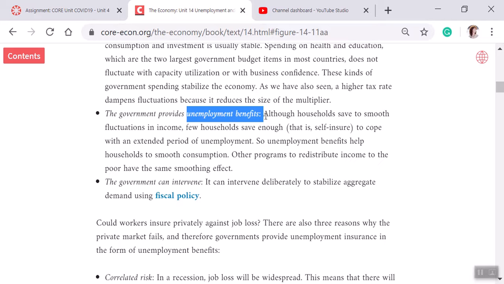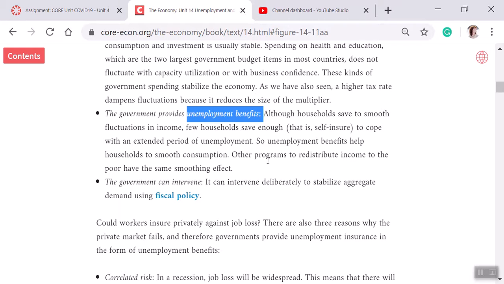Some people have that rainy day fund, but most households do not have enough cash on hand to cover more than 1 month's worth of expenses. So what if someone loses a job for 3 months, 4 months, they're trying to find another job, they're a good person, they just had bad luck, the government will jump in and help. Okay, so they provide unemployment benefits so the people are not just thrown out with nothing.